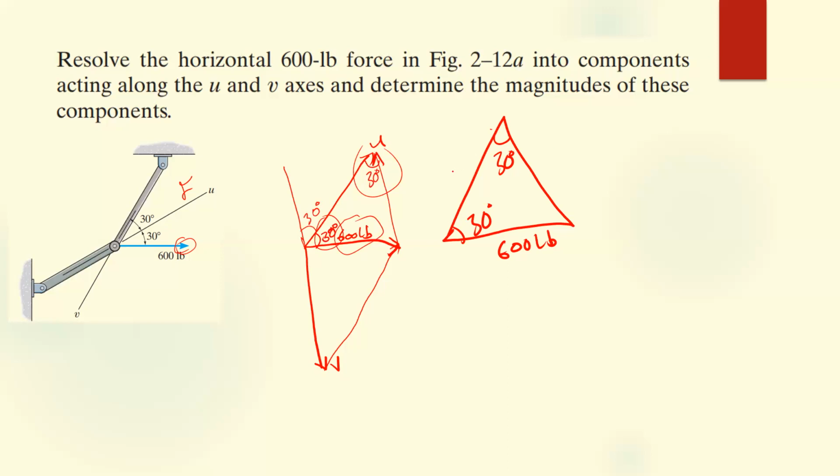So I'm going to call this side A, side B, and side C. Or let me use the values that have been given there, U and V. So I'm going to call this side FU, and this other one, I'll call the side for FV. Though I've not drawn it the way you want it, the way this diagram is, I've flipped it a bit.